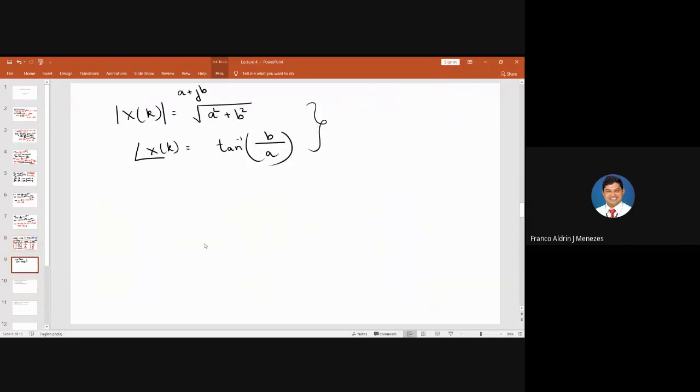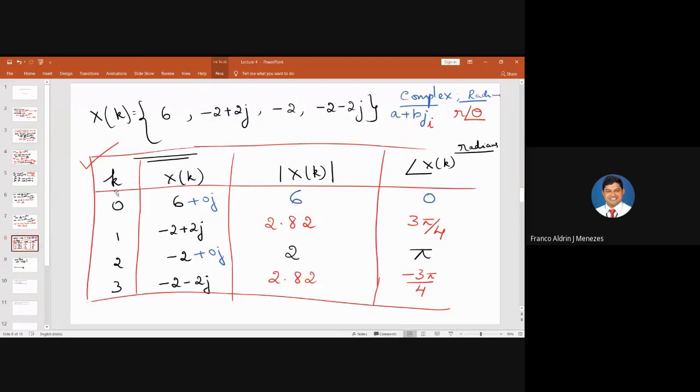So I will just show you how to plot those particular values. We have obtained the values for magnitude of X of k and angle of X of k. On the x-axis, we will consider the variable k, since k is our variable at this part.